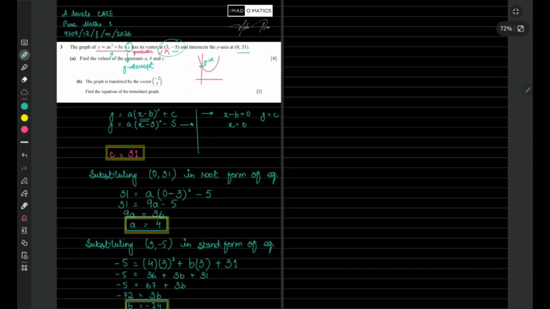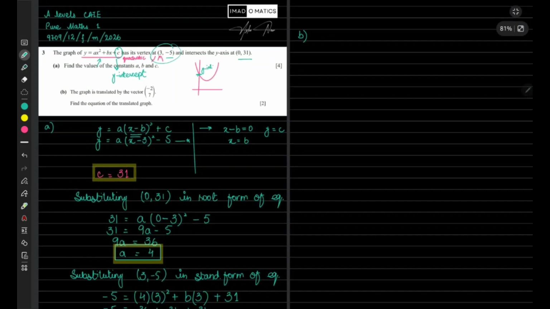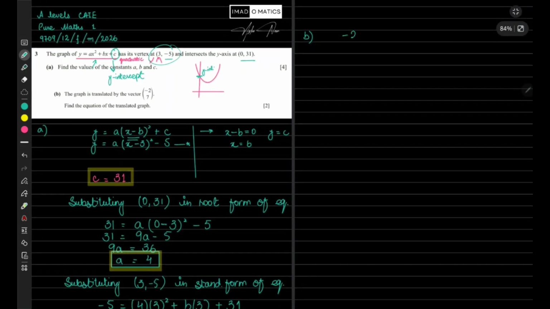You just have to substitute in the values. Now part B. Part B says the graph is translated by the vector (-2, 7). Find the equation of the translated graph. First of all, write the original equation by substituting the a, b and c values.